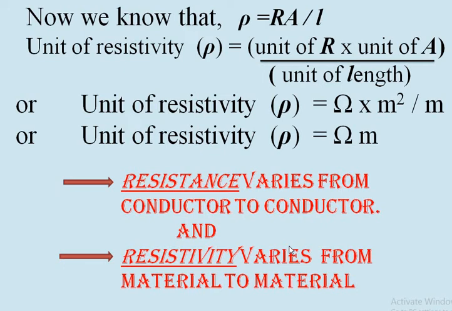That means if you take copper wires of different length and cross section area, all copper wires will have the same resistivity because they are all made of copper. Similarly, iron wires of different length and cross section area will have the same resistivity, but the resistivity of copper will be different from the resistivity of iron.